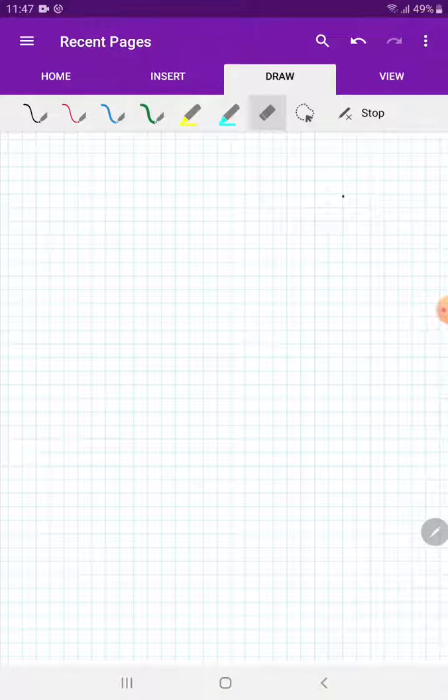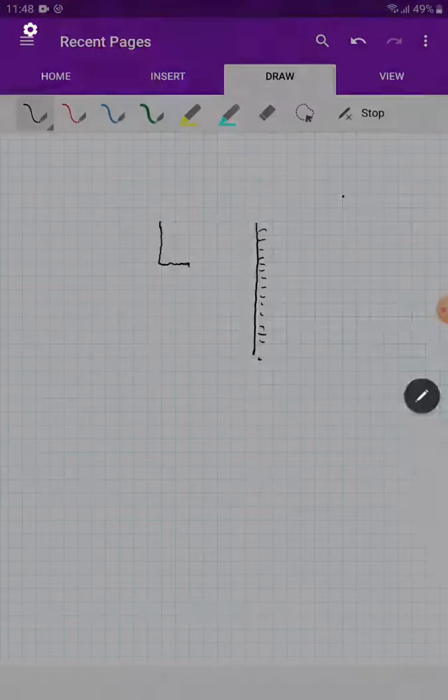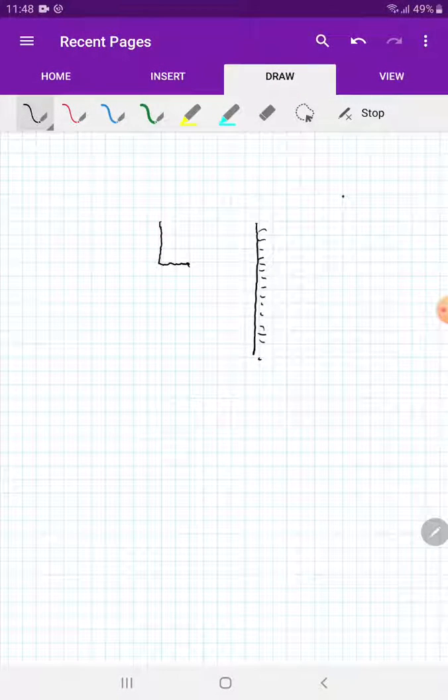I have the mirror here. And let's say we have an L figure. In order to draw the image, we measure again the distance to the mirror, and then we have one point here.